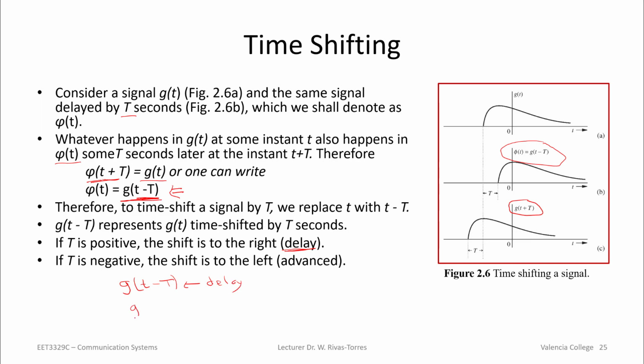If you have g of t minus capital T, and you express T as a negative number, this is the same as g of t plus capital T, right? And this is an advance, okay?